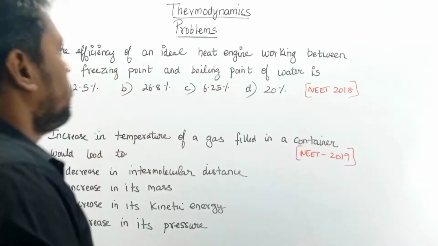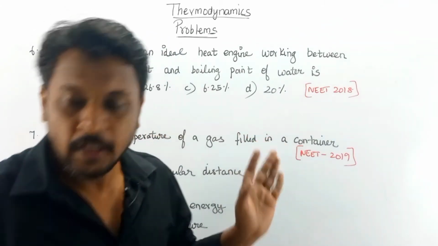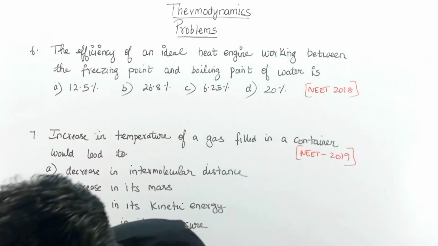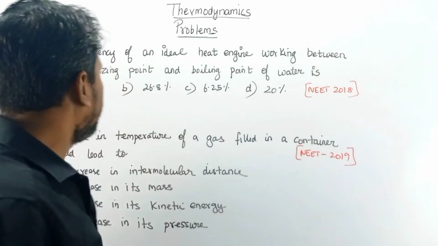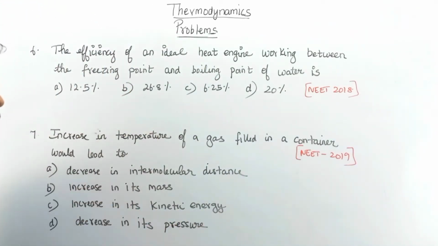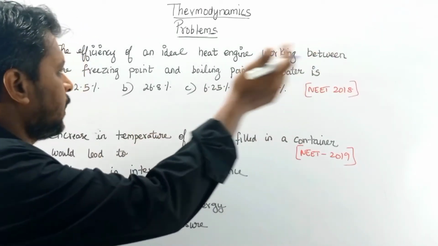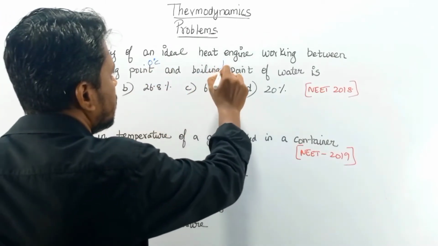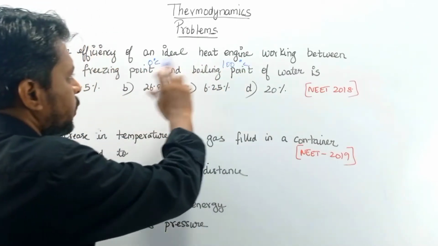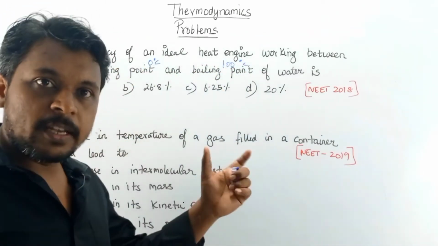Okay, the sixth problem. In the sixth problem, the efficiency of an ideal heat engine working between the freezing point and boiling point of water. So the two temperature limits are the freezing point and boiling point. Freezing point is 0 degrees Celsius, and boiling point is 100 degrees Celsius. So between those two temperatures, the heat engine has been working.